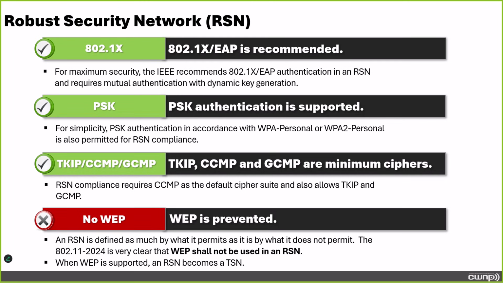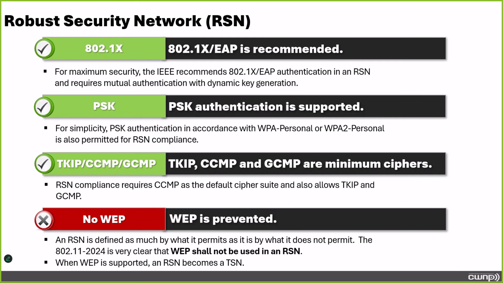So that means that technically TKIP, or what's known as WPA, still falls into the category of an RSN. Okay, so an RSN is, by definition, not necessarily something you would want to use on your modern network. Not all RSNs are created equal. You don't want to use WPA unless you're absolutely forced to for some reason. Then you might want to think about it.